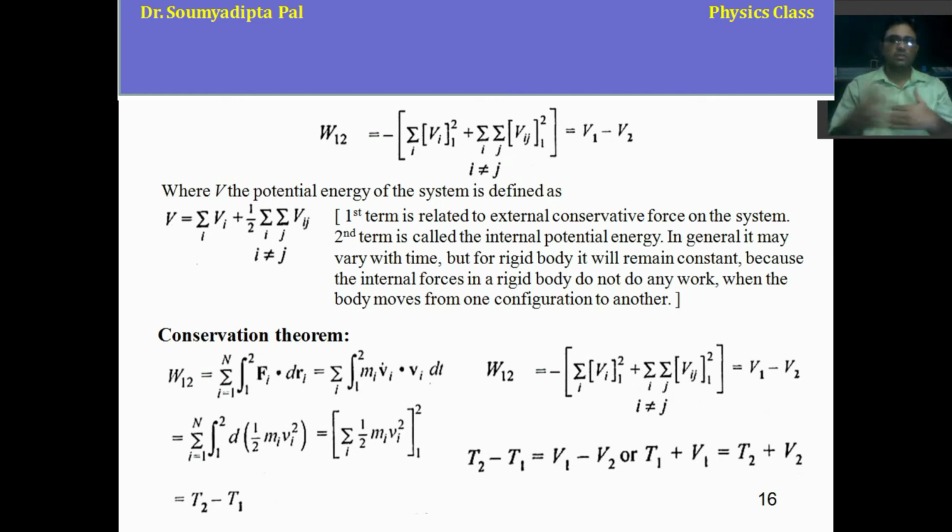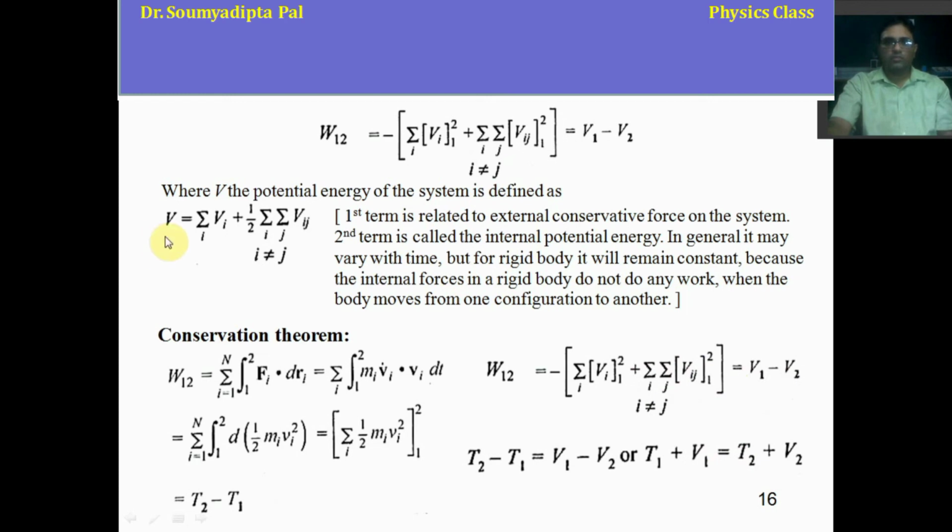Here you can see this is the first point and this is the second point. So when we put this limit, the constant part will be separated out and omitted. Even if there is a change in internal potential, there will be an extra term like this. But for the time being, for simplicity, we consider the internal potential to be constant and we are left with V1 minus V2.